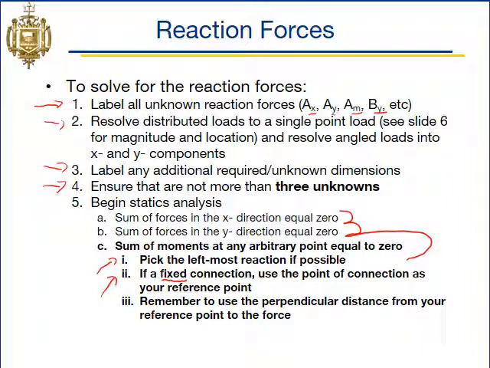And then remember to use that perpendicular distance, right? So if you have a fixed connection here, and you have an X force at the end of the beam, remember that perpendicular distance is 0 from this fixed connection here, because it's on the line of action. If you had a Y force, then this would be your perpendicular distance.